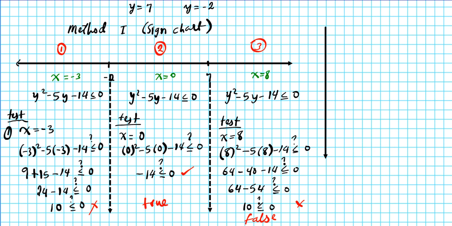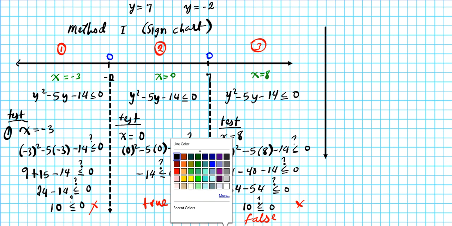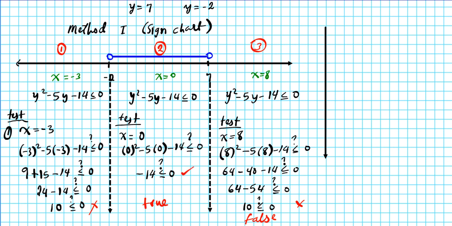Okay? So our answer is going to be interval 2. So we're going to graph it like this. Everywhere in between. So the question is, are the endpoints included in the solution region? The answer is yes. How do we know? There is a line underneath the inequality, which means that you have to include the boundary values.